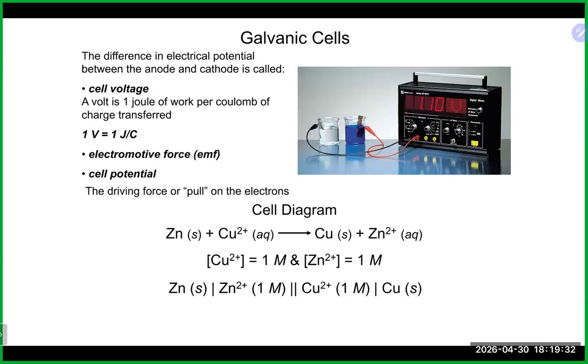A volt is 1 joule of work per coulomb of electrical charge that is transferred. So 1 volt is equal to 1 joule per coulomb. It is also sometimes referred to as electromotive force, EMF, or cell potential. Essentially, in chemistry, if they ask you for any of those things, they're basically asking you to calculate the cell voltage.